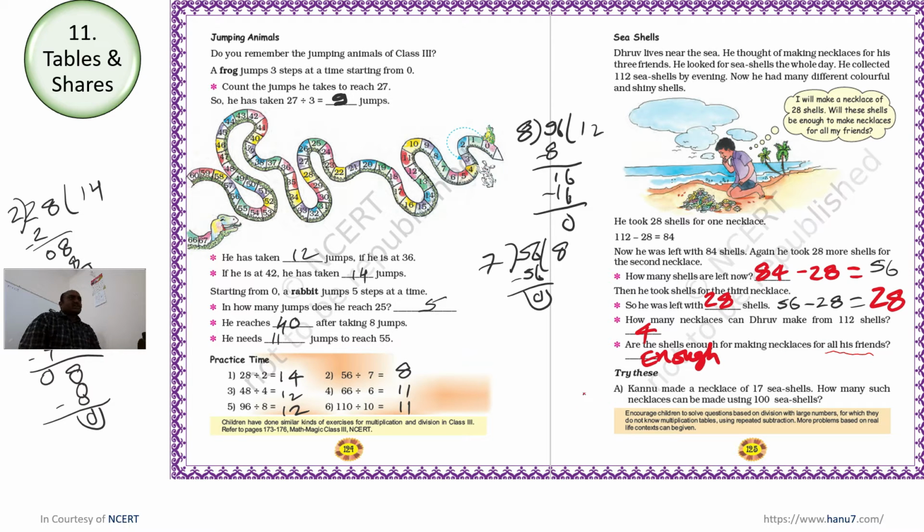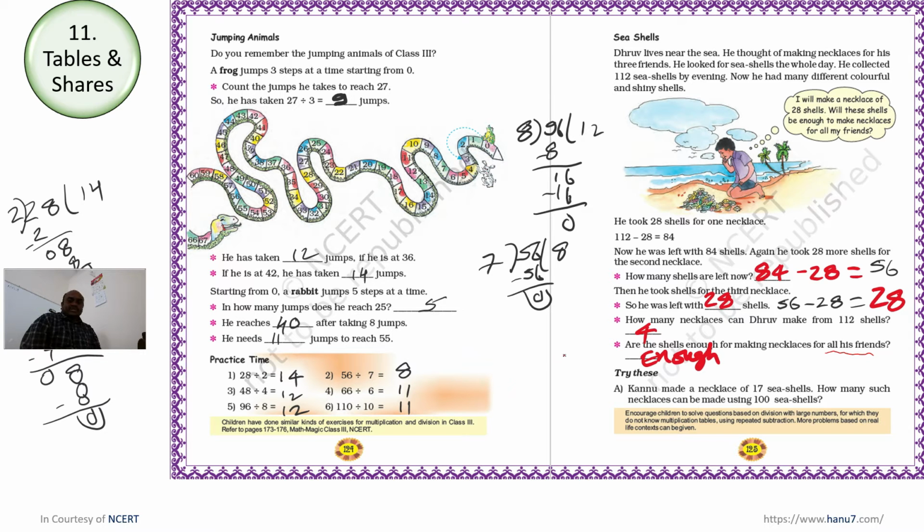Next, Kanu made a necklace of 17 seashells. How many such necklaces can be made using 100 seashells? Here also the same technique you can use. Repeated subtraction, that is 100 minus 17.